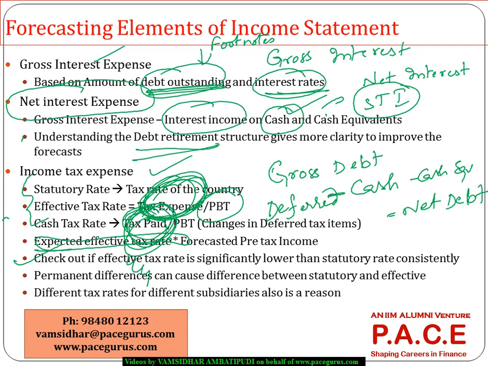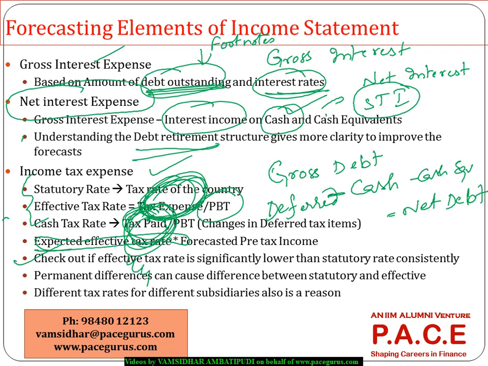So you can check if there are any huge discrepancies or differences coming between the taxes because of the usage of these different processes, especially for a firm which is operating in multiple geographies where the tax rates are different in each of the geographies.